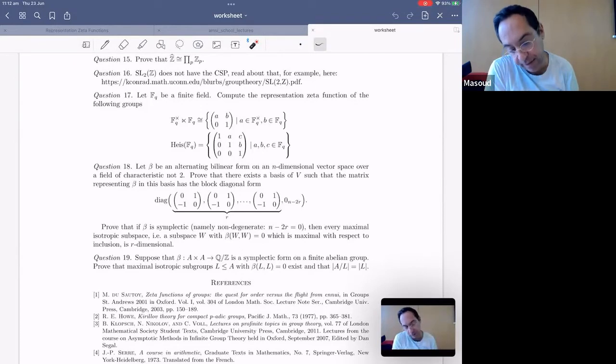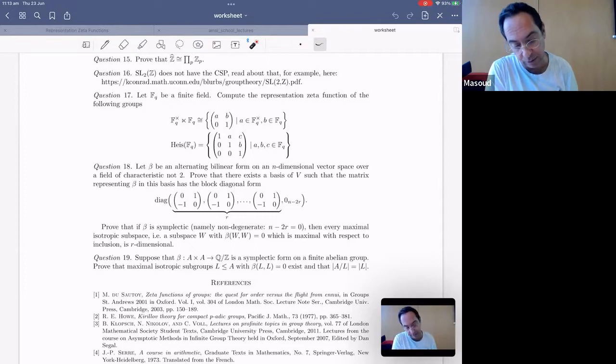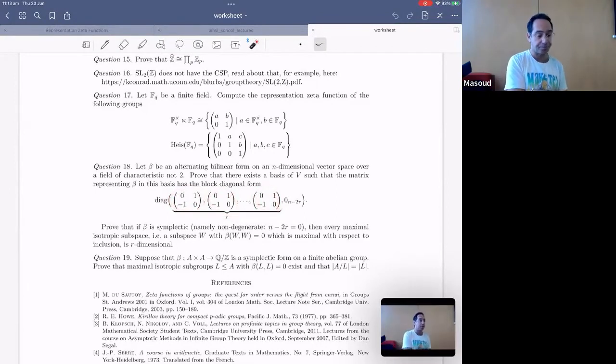And if you have an alternating form, so a symplectic form, and let me remind you, is an alternating bilinear form which is non-degenerate. And if you only take alternating forms, you will see that you can always conjugate an alternating form on a vector space V and find a basis such that the matrix is block diagonal with these 2x2 blocks.